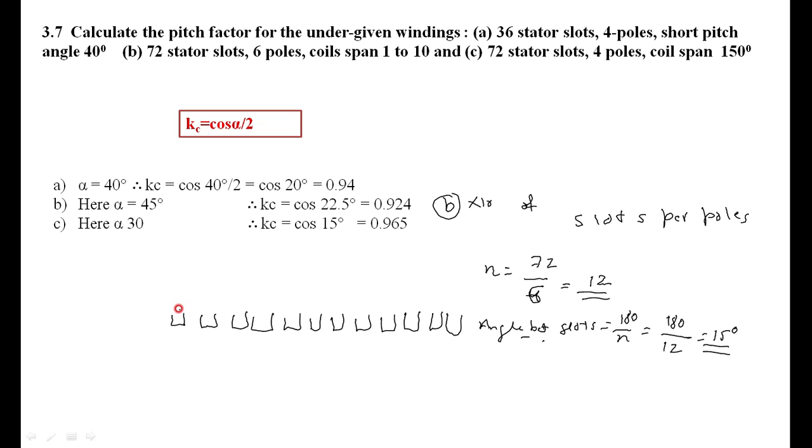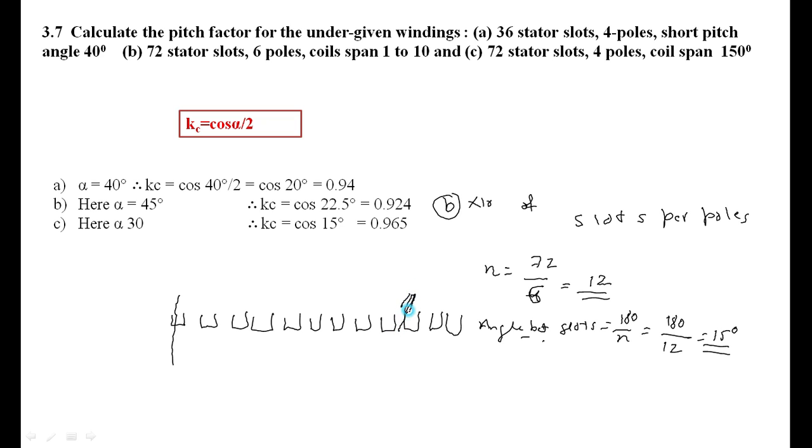One coil side is placed in slot number 1, and the other is placed here, this is 1, 2, 3, 4, 5, 6, 7, 8, 9, 10.